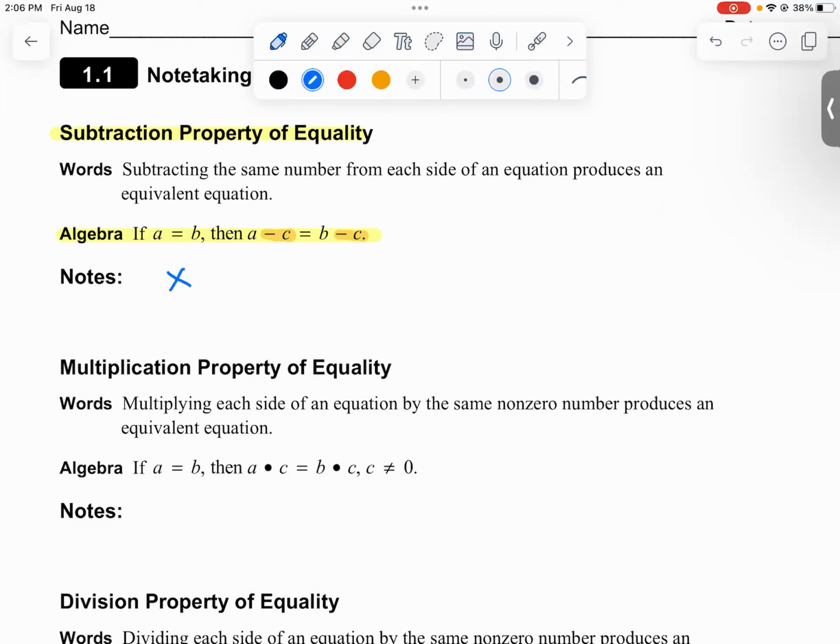If we had x plus 7 equals 4. If we wanted to get x by itself, what is the inverse operation of addition? We could subtract 7 from both sides of our equation, and we'd be left with x equals -3.